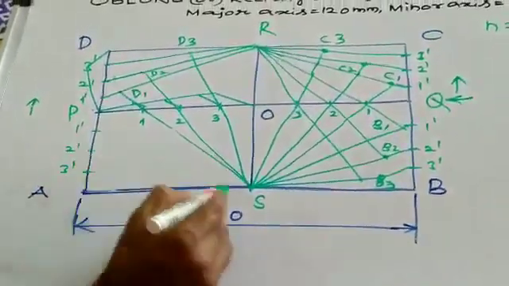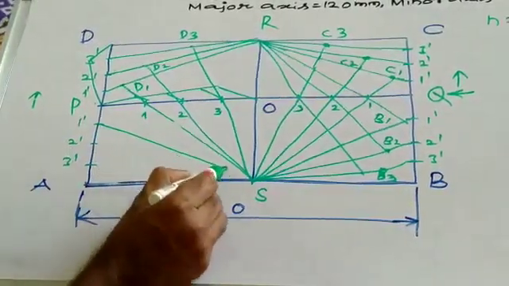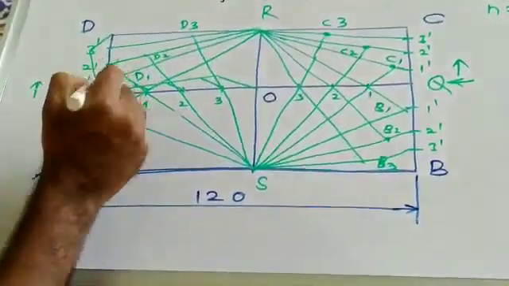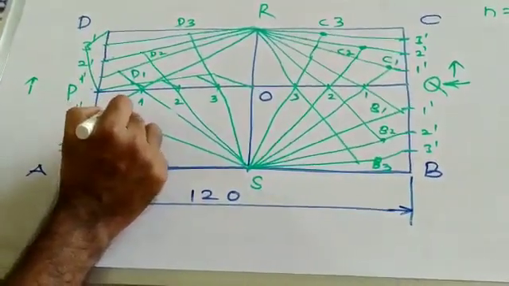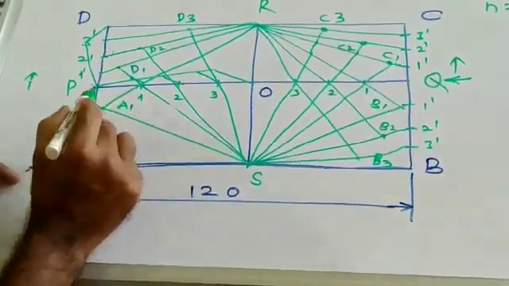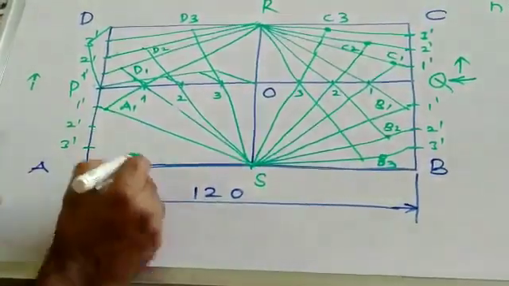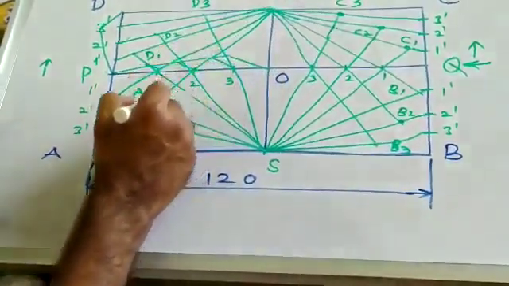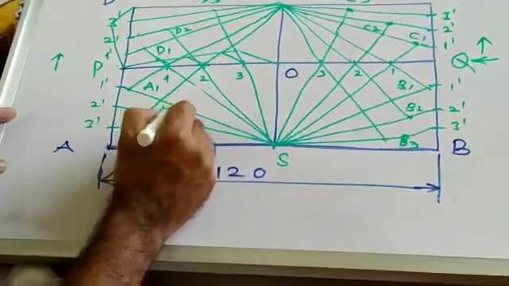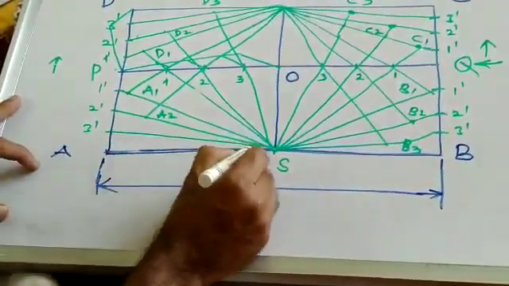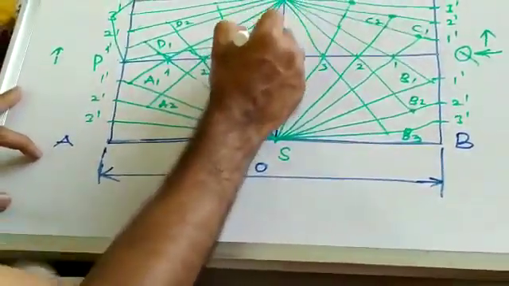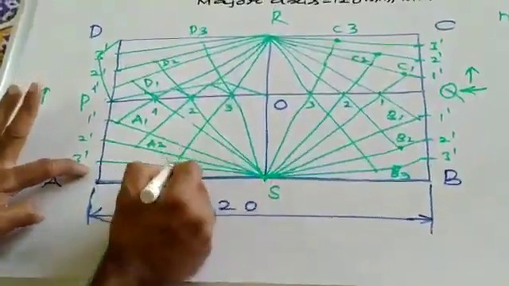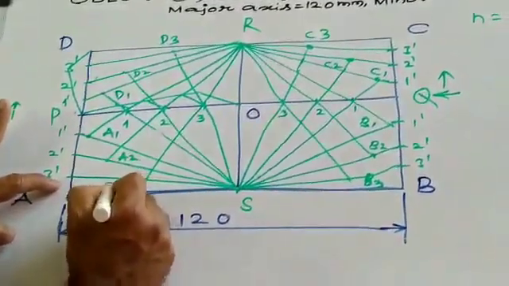Now S1 dash, R1 line extended up to S1 dash, this is A1. 2 dash S, R2, this is A2. 3 dash S, R3, R3 extended up to 3 dash S, this is A3.